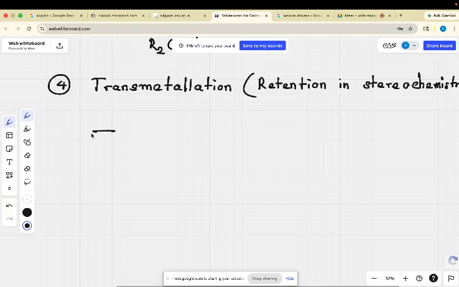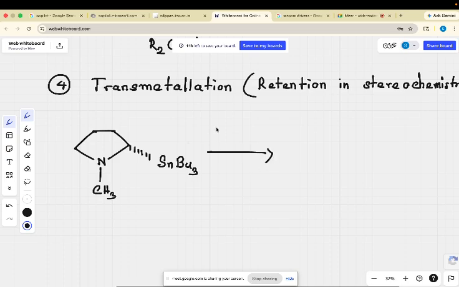Okay, suppose I have a molecule like this. In organometallic chemistry, this is a carbon-tin bond, SnBu3 group attached here, and here you have butyl lithium. Again see, lithium is positive, butyl is negative, right? And here the tin center is positive, because it is a carbon-tin bond.